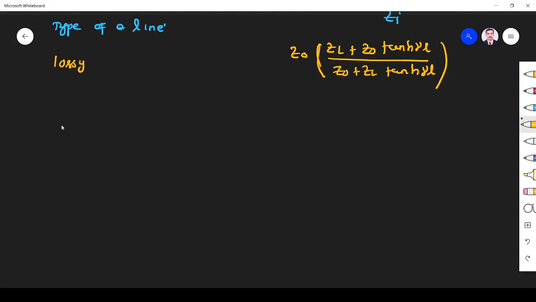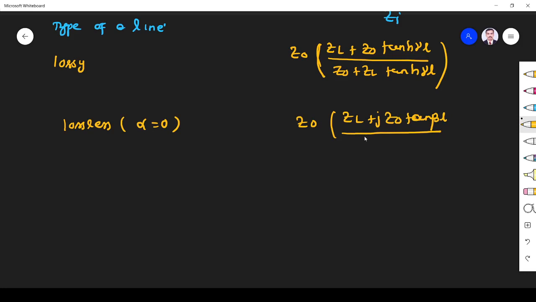Then input impedance of a lossless line. What is lossless line? Alpha is 0. And alpha 0, Zi is equal to Z0 times (ZL plus j Z0 tan beta L) divided by (Z0 plus j ZL tan beta L).